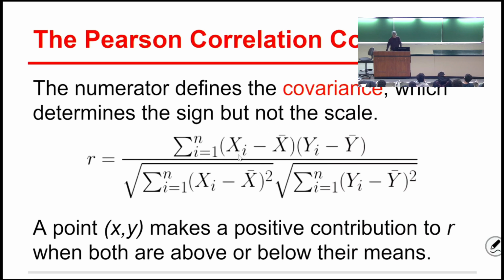What would we expect if x of i and y of i have nothing to do with each other? The chance that both of them are either big or small is about a half, and the chance that one of them is big and one of them is small is a half. So you would expect these terms to offset each other in the sum, and you get something that's towards 0. Okay?